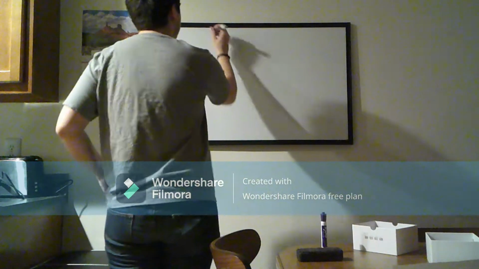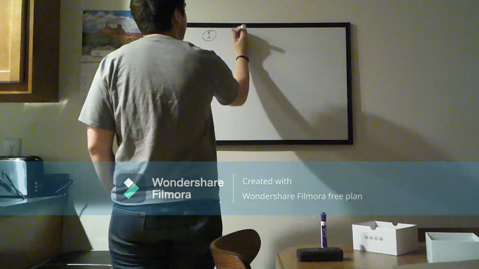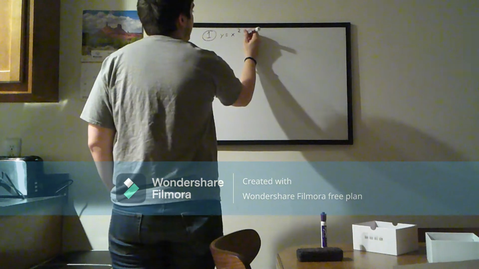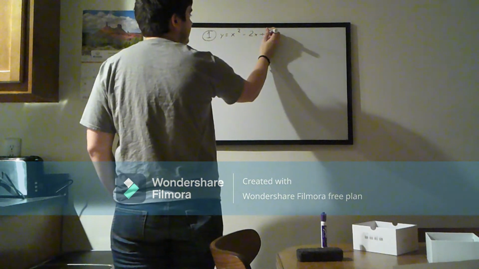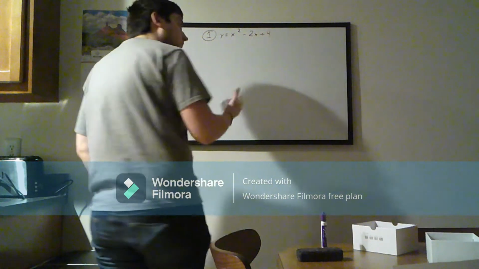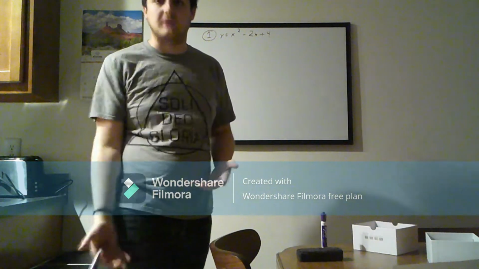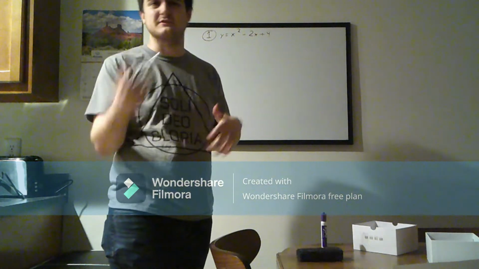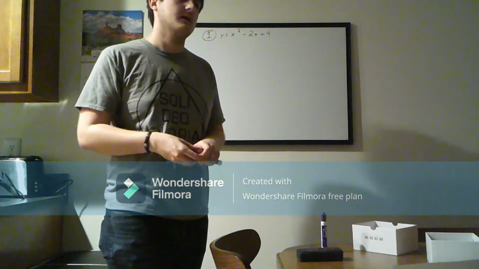Example number 1. Okay, let's say that I have the graph y equals x squared minus 2x plus 4. Okay? And I wanted to sketch this graph, but I need to have a knowledge of maybe where those changing points are, what we're going to call extreme values.